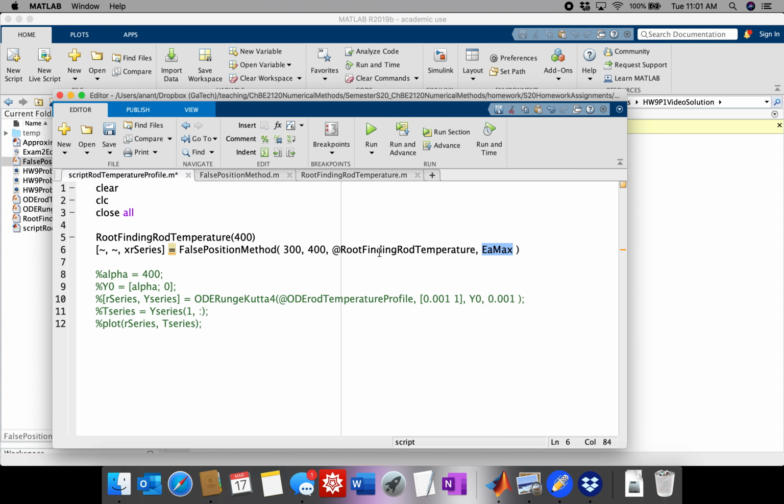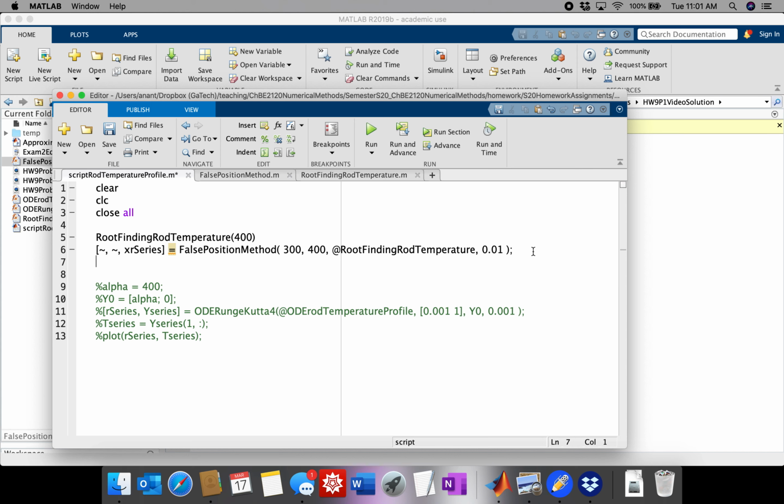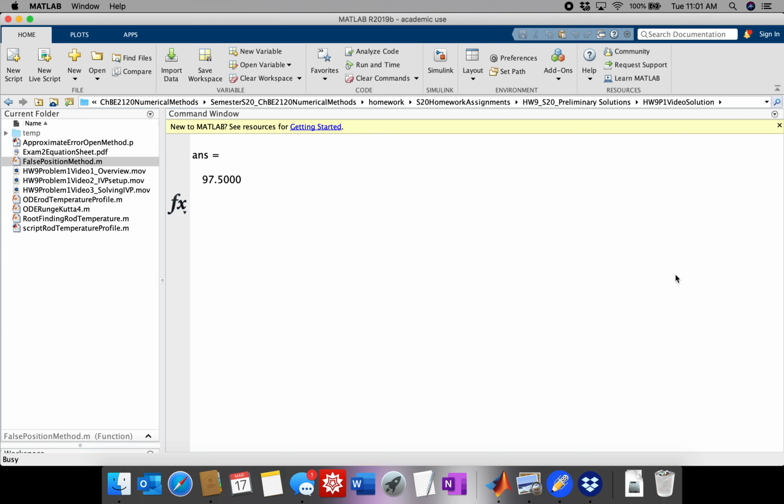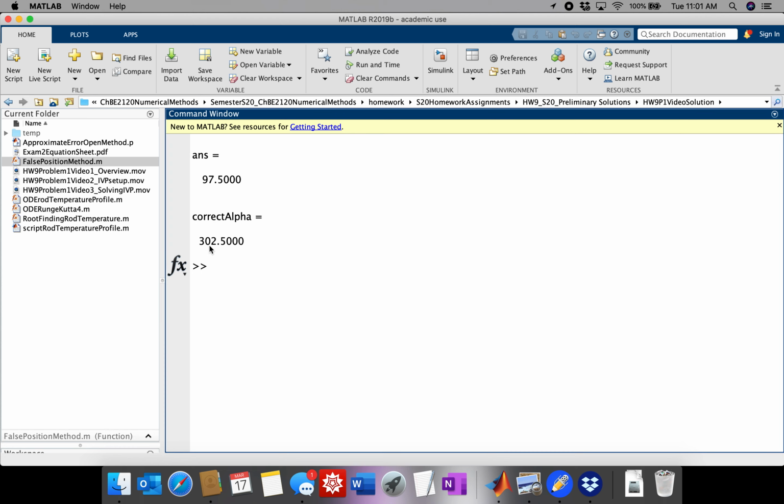And let's use a small error. And I'm going to say correct alpha is going to be, let's see how that goes. Okay, it's saying that the correct alpha is 302.5.